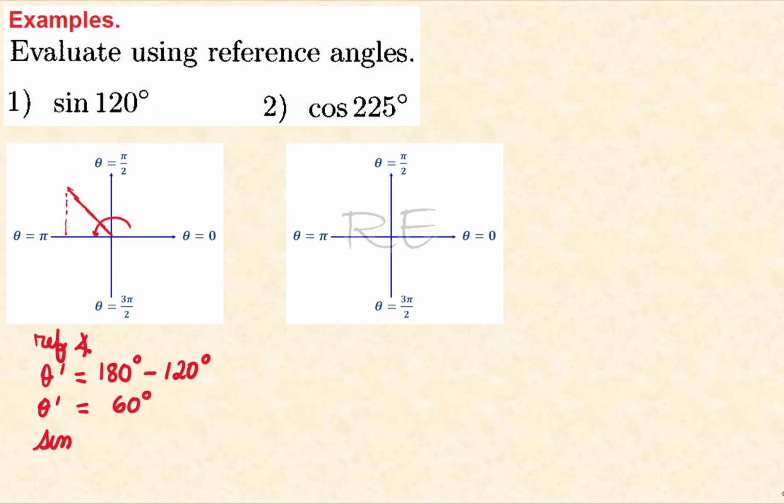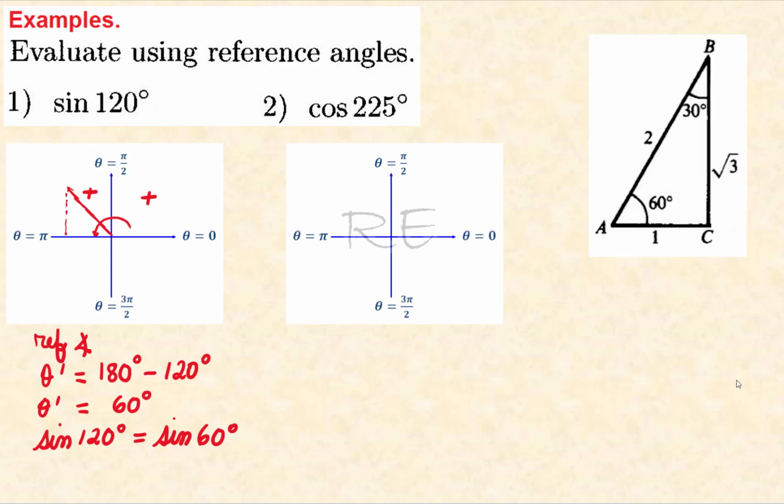Now, sine 120 will be equal to sine 60 degrees because sine is positive in both the first and second quadrant. And sine 60 is, from the reference triangle, square root of 3 over 2.